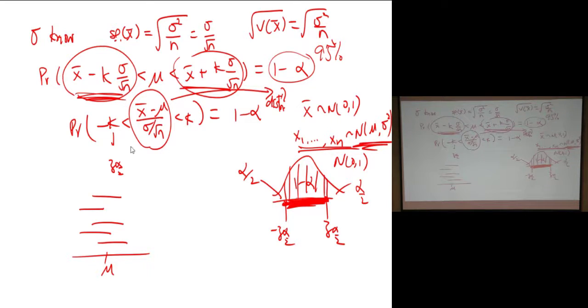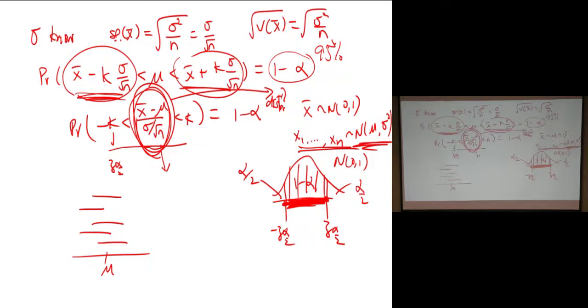This is still true, but the question is, what is the distribution of this quantity? If x1 up to xn, this random sample, is not drawn from a normal population, what is the distribution of x bar minus mu over sigma over root n?